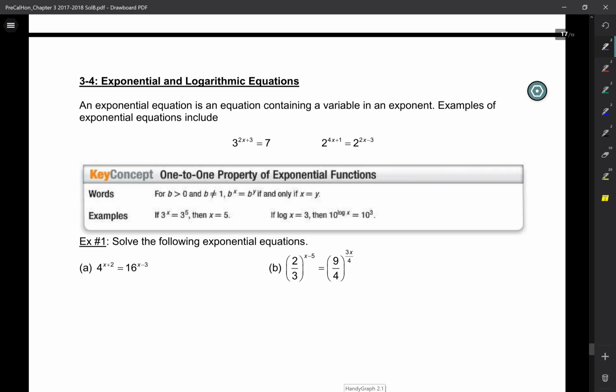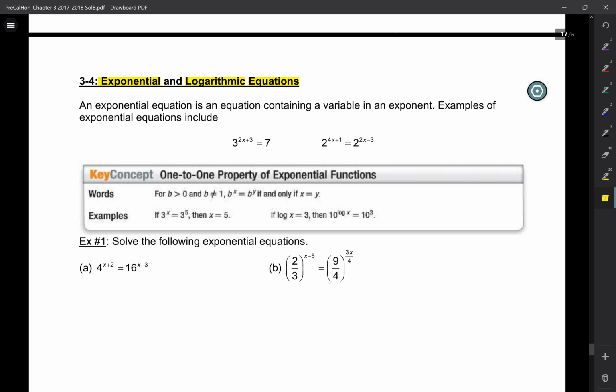So we've talked about exponential functions, we've graphed exponential functions, and today we're going to solve exponential and logarithmic equations. Basically those are equations that involve logarithmic or exponential expressions.